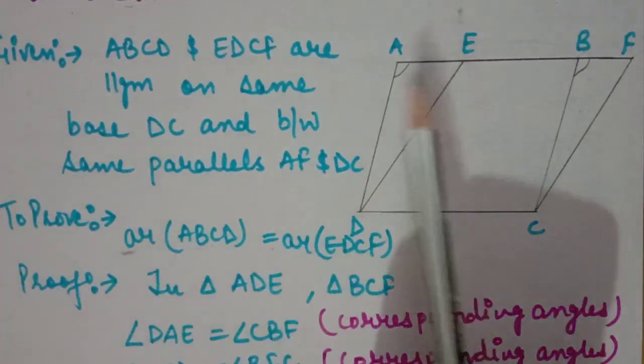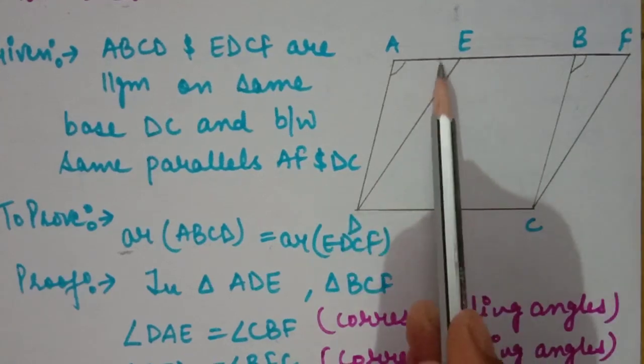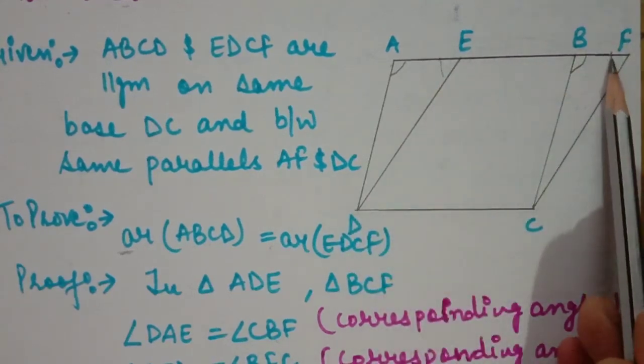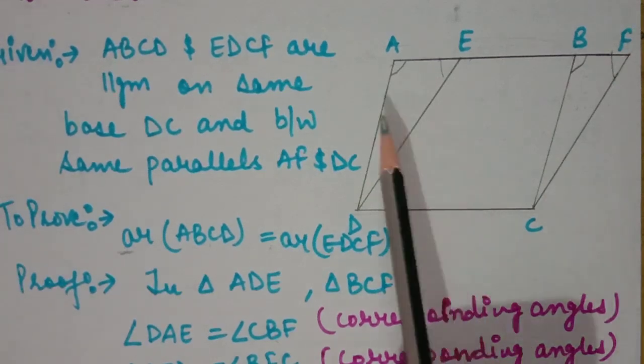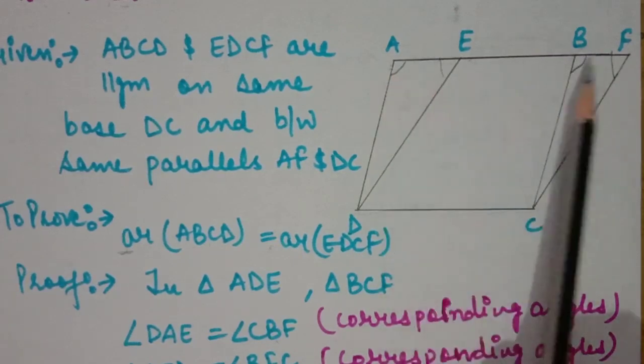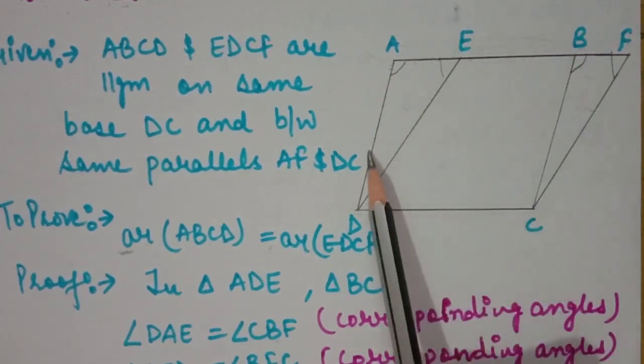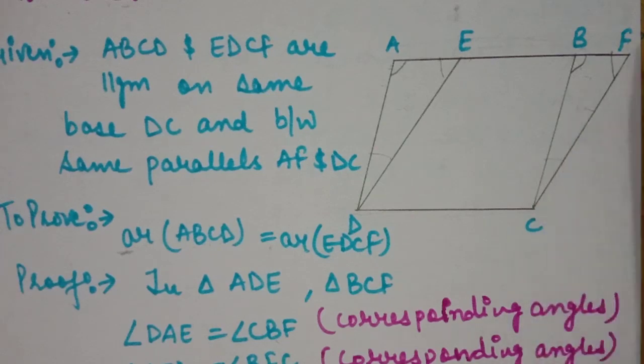Similarly, angle AED, it means this angle, and angle BFC are both corresponding angles and equal to each other. If two angles in two triangles are equal, then by the angle sum property the remaining third angle is definitely equal as well.